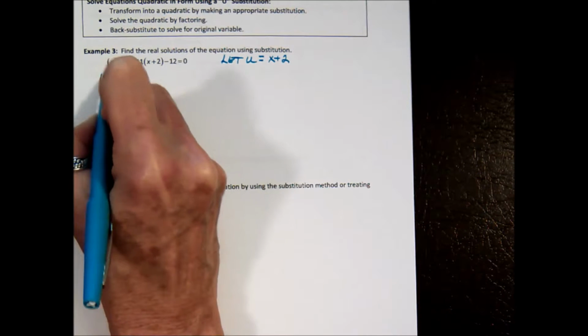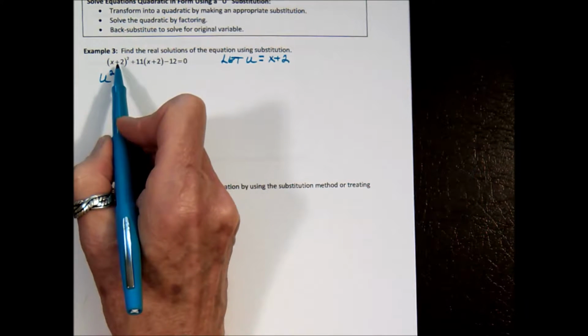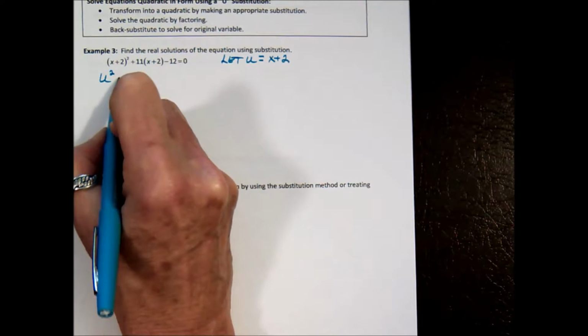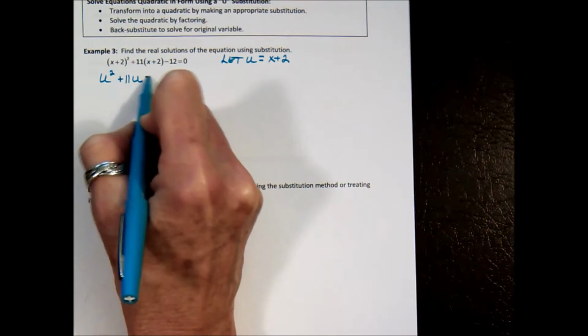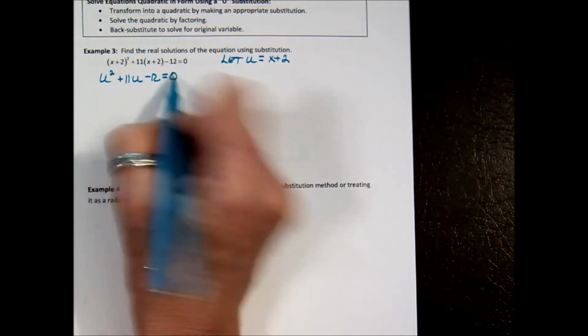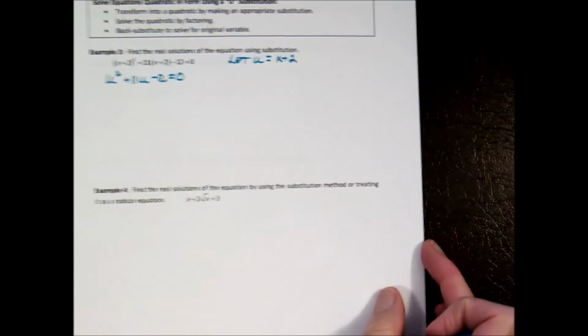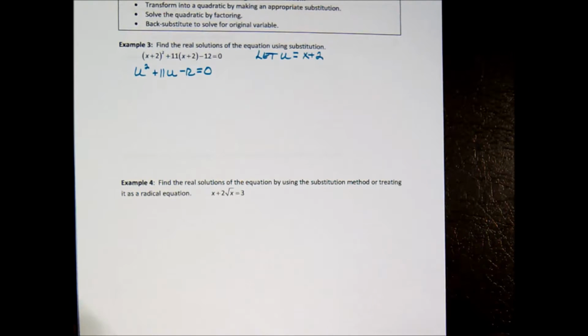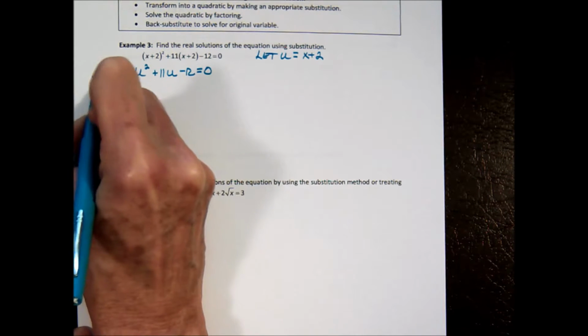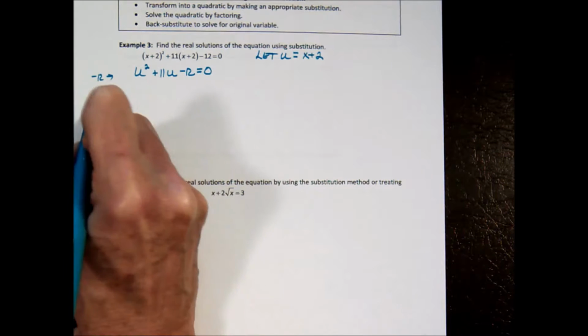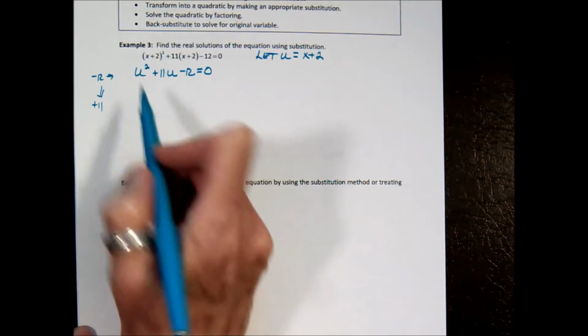So that would give us u squared, because u is equal to x plus 2, so I'm substituting, plus 11u minus 12 equals 0. We're going to see if it's factorable. Since it would be a short process trinomial, I would need factors of negative 12 that combine to make positive 11. That's an easy one.